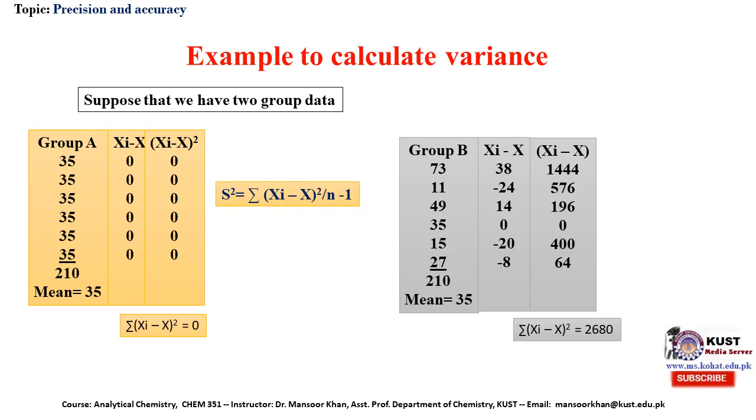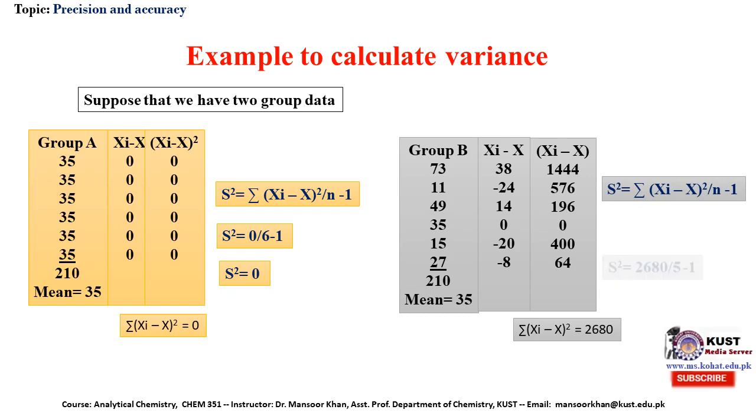Now the variance for group A is equal to 0 divided by 6 minus 1, which is equal to 0, while the variance for group B is equal to 536. Now what is the conclusion?